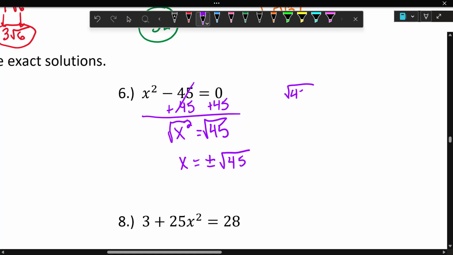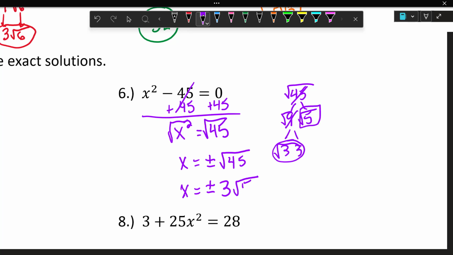Of course, we got to simplify the square root of 45. That would be 9 and 5, and that's 3 and 3. So we got a pair of 3's, so I can bring out a 3. But then I got this 5 left over, so it stays inside the radical. So we got plus or minus 3 root 5.